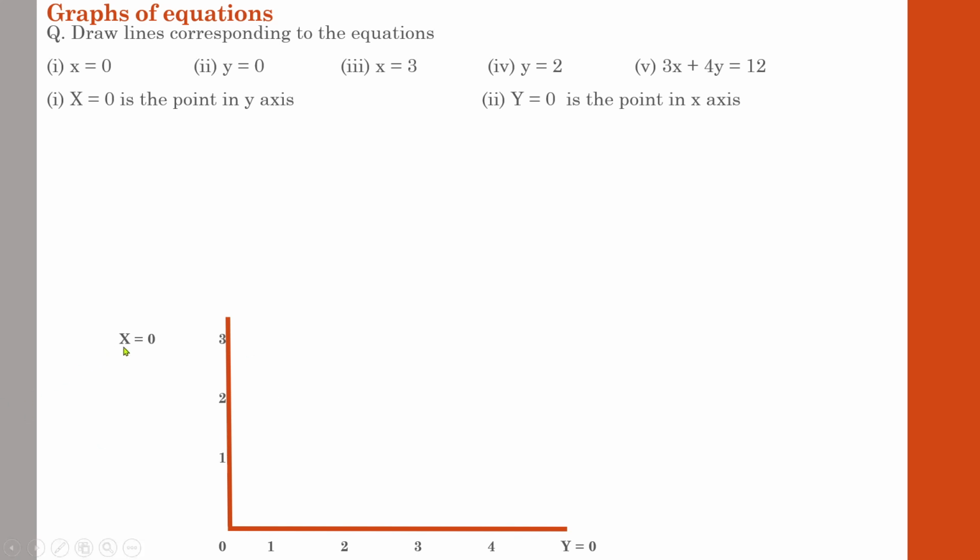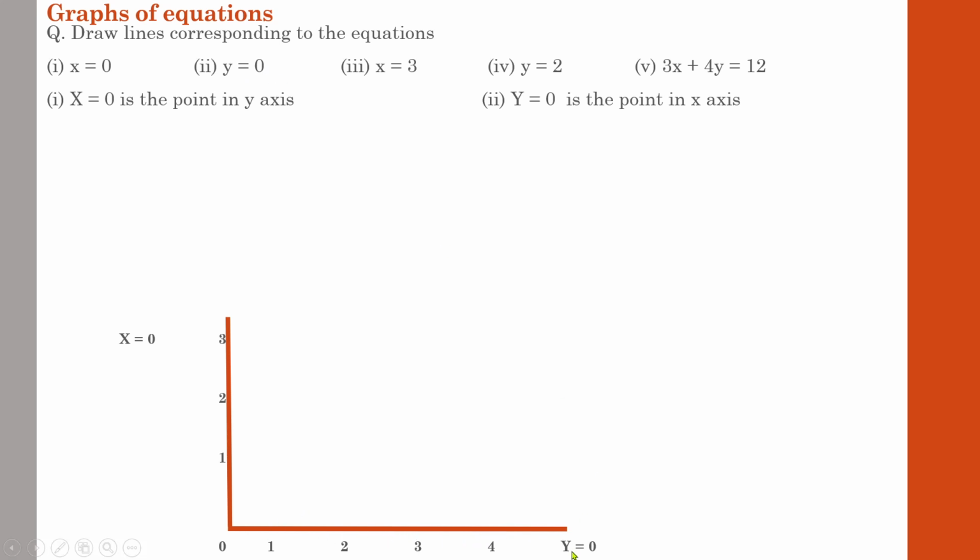So here you can see x equal to 0. X equal to 0 means the y-axis is drawn, where x is 0. That is the meaning of x equal to 0. They won't mention that you need to draw a y-axis. Instead, they will give x equal to 0. That means you need to draw the y-axis. Similarly, y equal to 0 means you have to draw the x-axis.